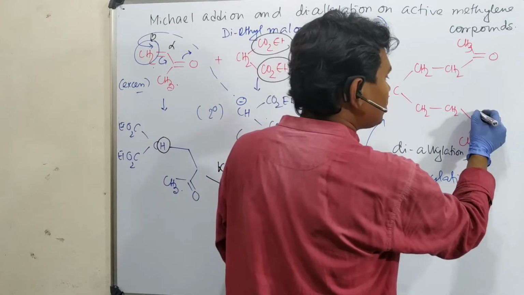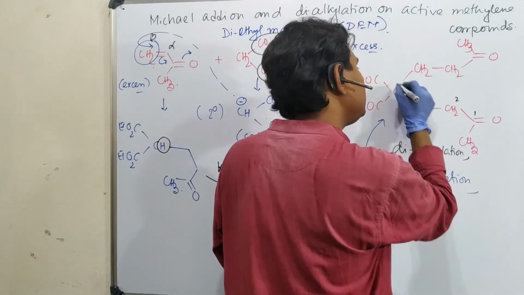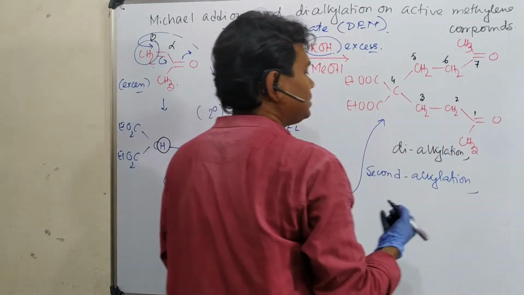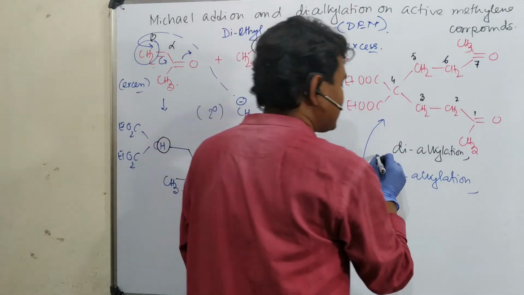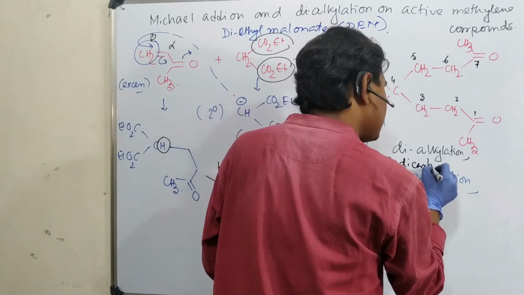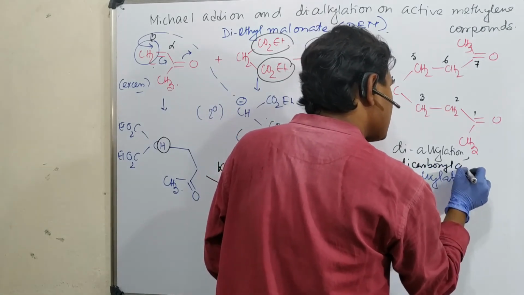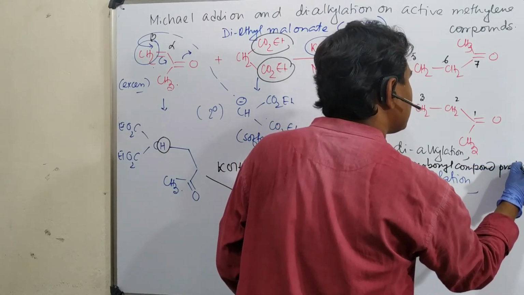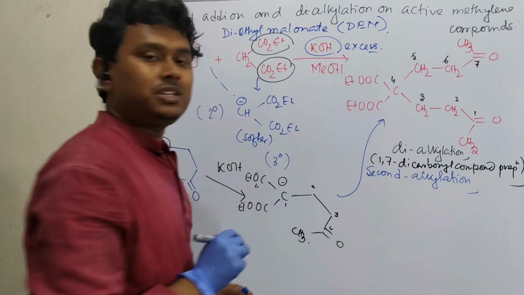See, this is actually 1, 2, 3, 4, 5, 6, 7. So this dialkylation resulted in 1,7-dicarbonyl compound preparation. Okay, so this is one interesting point.